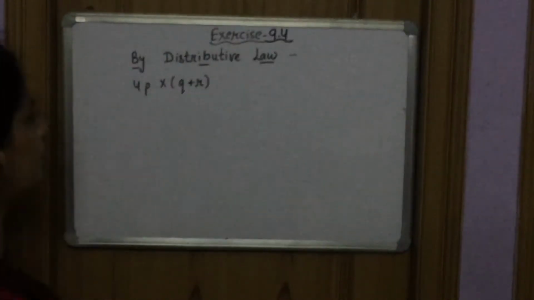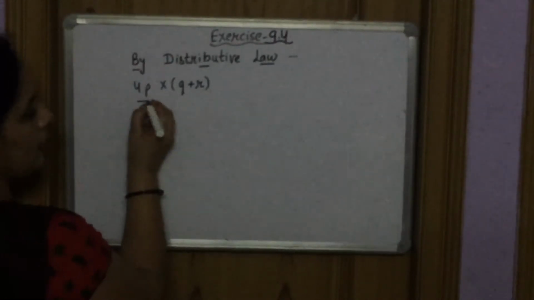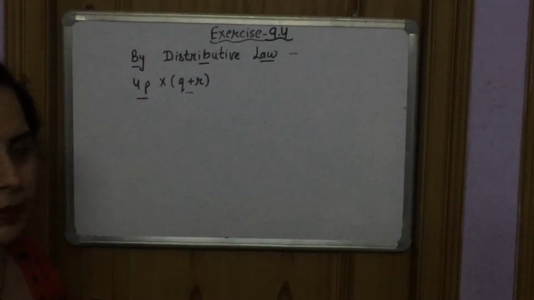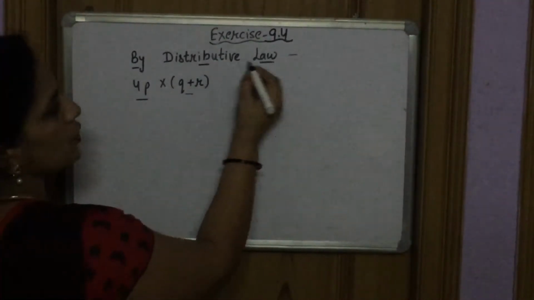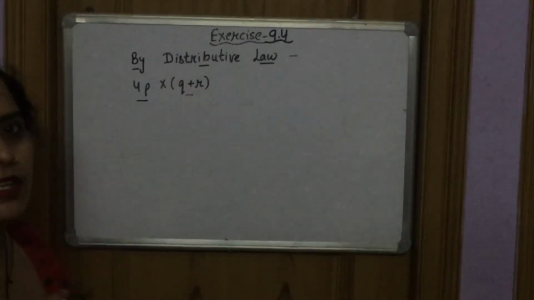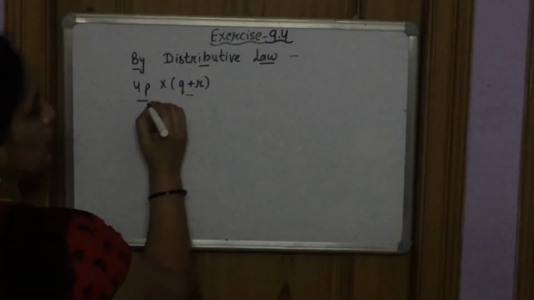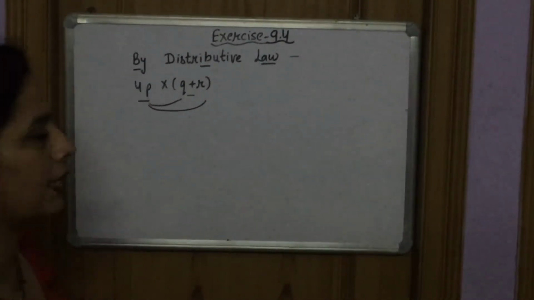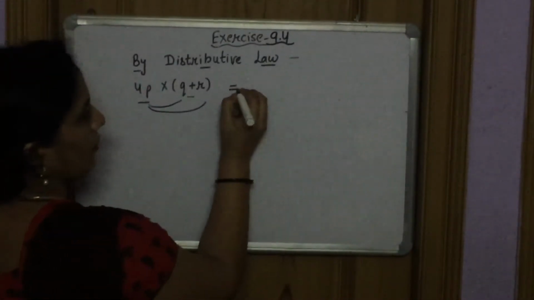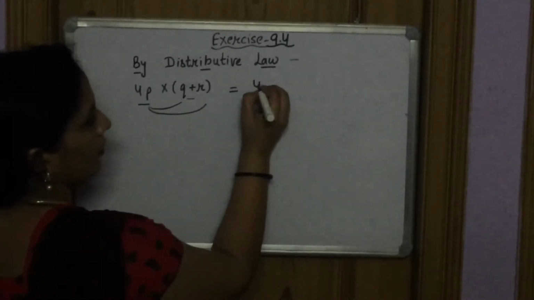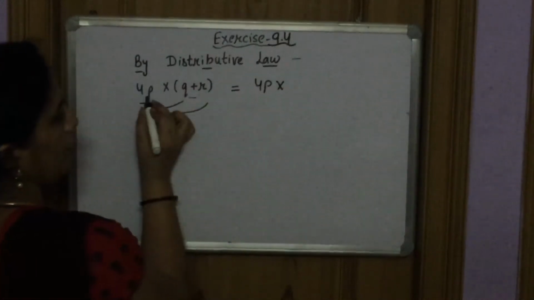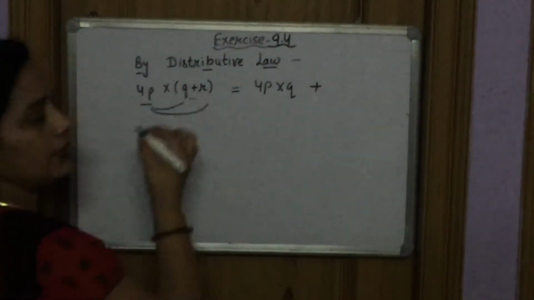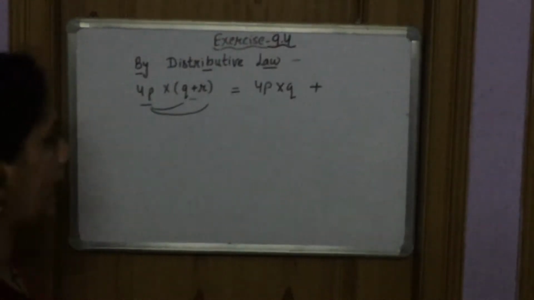We have to multiply a monomial by a binomial. For this purpose we will use the distributive law. That means first of all we have to distribute the terms, and after that we will multiply. We will multiply 4p by q, and then in between there will be the sign of add.